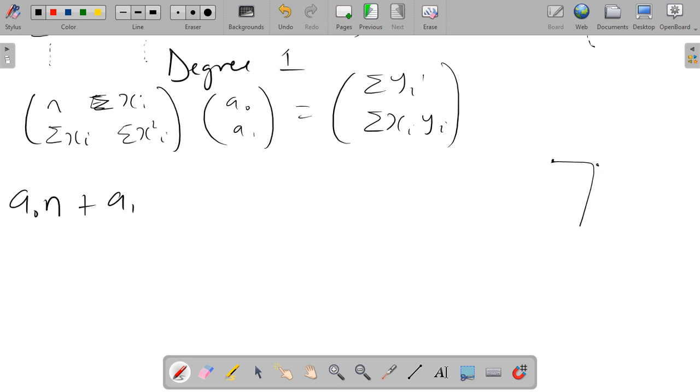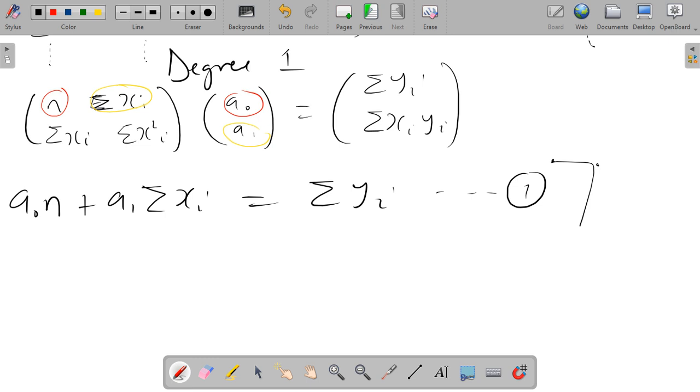While the row is multiplying the column, we now multiply this one. So that's how it goes. n times a0 gives you this one. So this one times this will give you, so I'm going to have the summation what? xi. Okay, that will now be equal to what I'm having here, summation yi. That is our equation 1 for first degree.